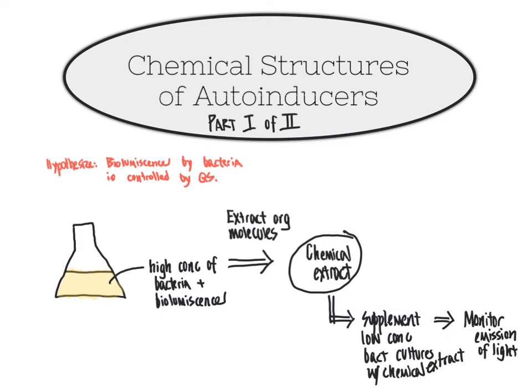So in other words, by adding that chemical extract to our low concentration bacterial culture, we would be emulating that the bacteria were present at high concentration because we have a high concentration of the autoinducer chemical. And so assuming that we observed that our treatment cultures that were subject to the chemical extract did indeed emit light, that would indicate to us that the chemical extract contained an autoinducer molecule.